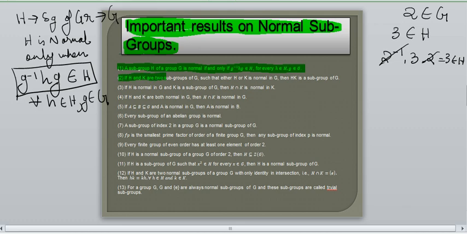Let's move on to the second part. If H and K are two subgroups of G such that either H or K is normal in G, then HK is a subgroup of G. It's a little different.